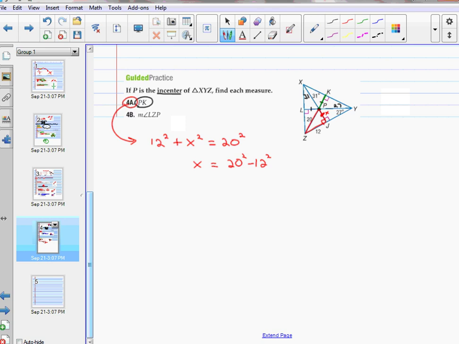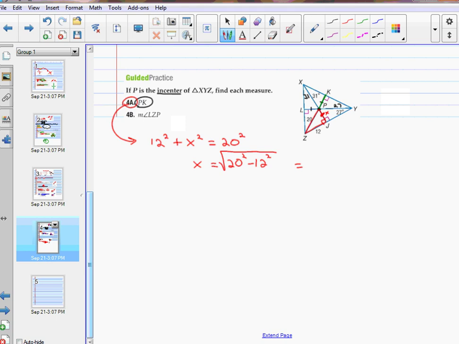And to get rid of the square, I have to take the square root. Can you do that for me? What do you get? 20 squared is 400. 12 squared is 144, which leaves 256. Square root of 256? 16, exactly.